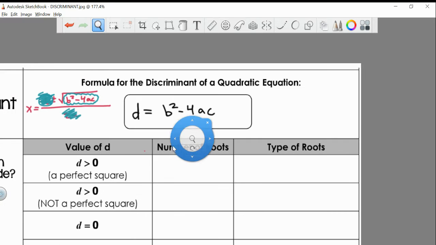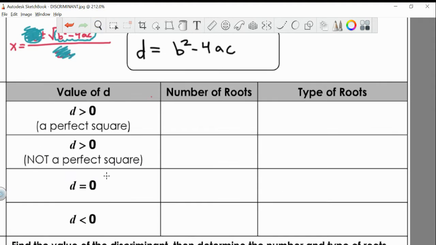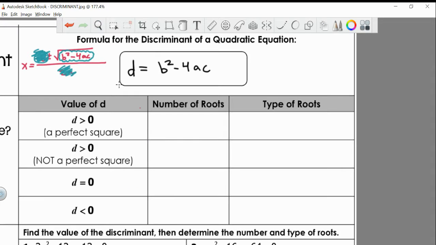So let's look at this. Obviously, we have a bunch of different values here. If our discriminant, that's this little d here, is less than 0, that means our discriminant is like a negative 5.